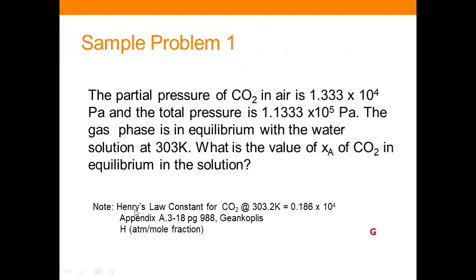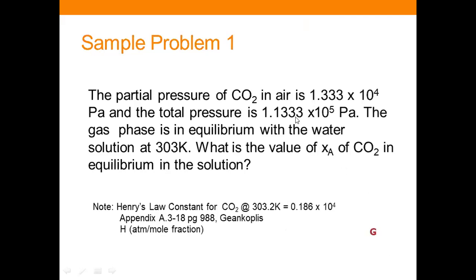Now, if you get the Henry's law constant from the appendix in Geankoplis, you go to that particular page, and it would be 0.186 times 10 raised to 4. Take note of the unit, it's atm per mole fraction.